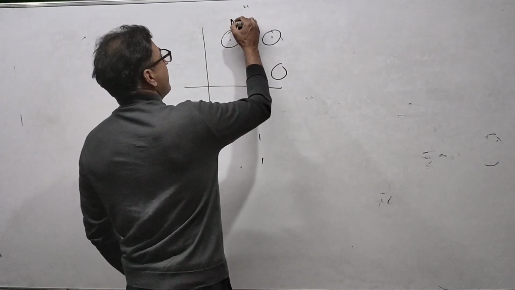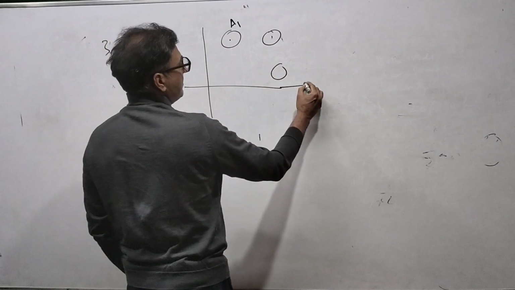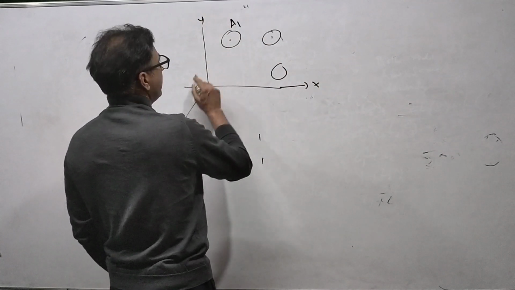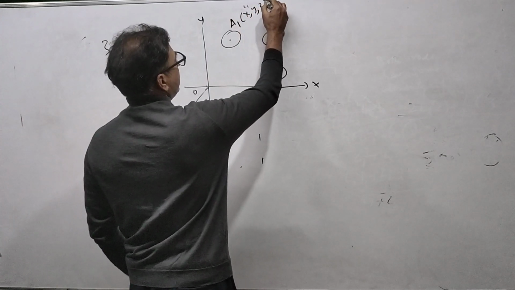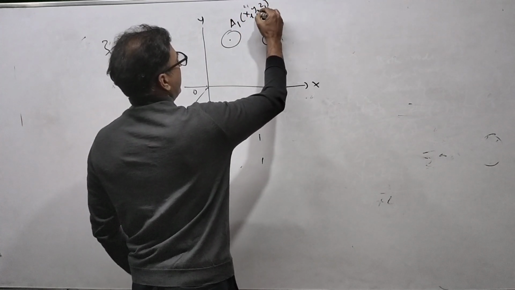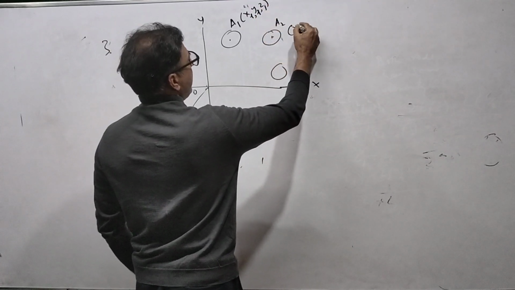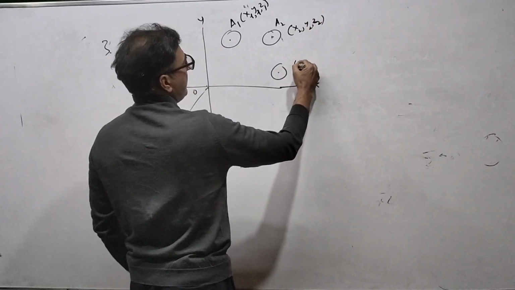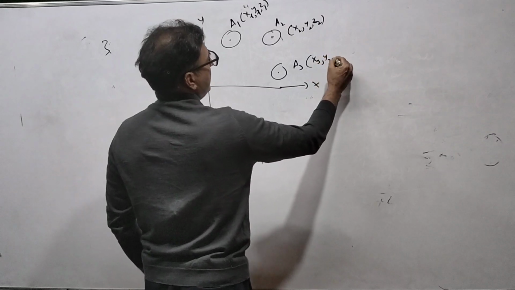So its area is A1, let me suppose, and it has coordinates x1, y1 and z1. The next has area A2 and coordinates x2, y2 and z2. And its area is A3 and its coordinates are x3, y3 and z3.